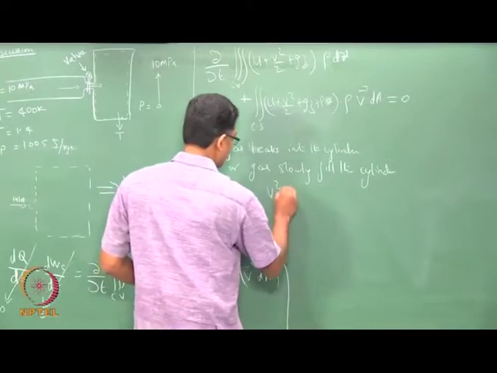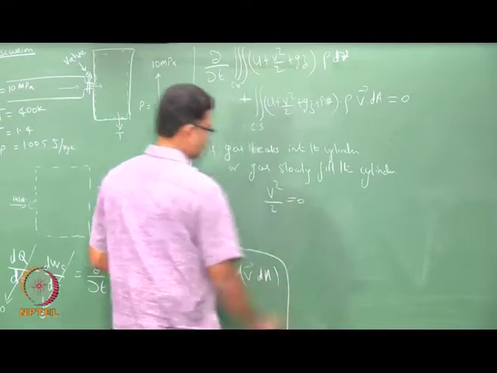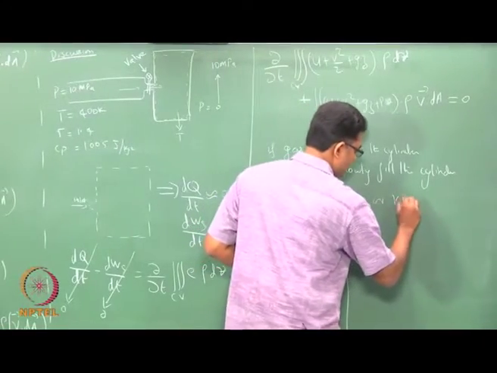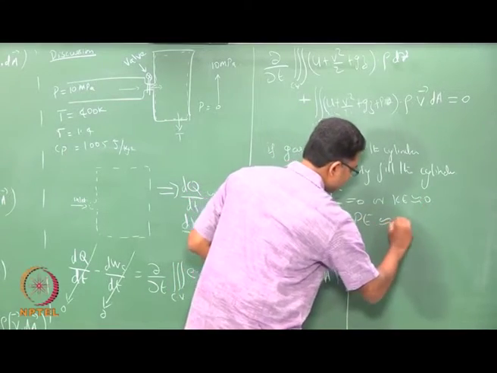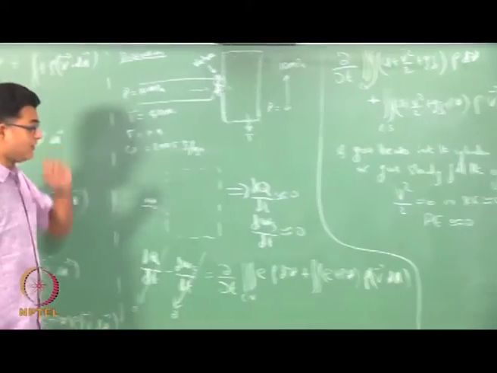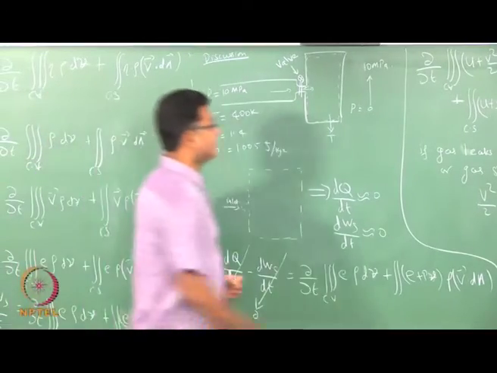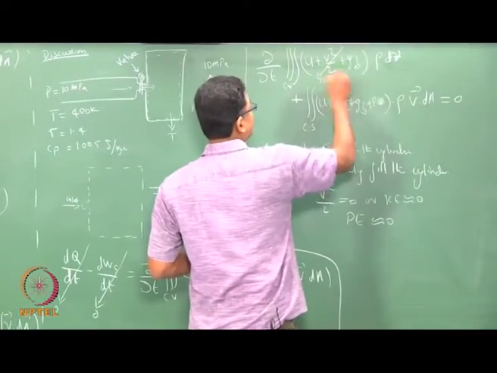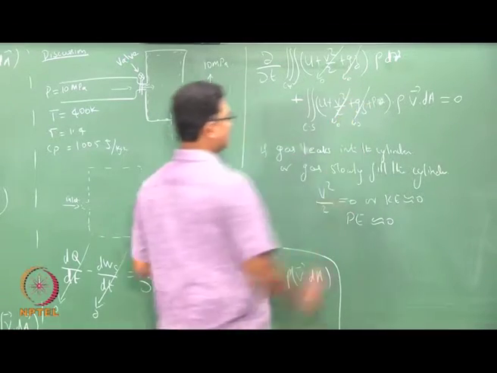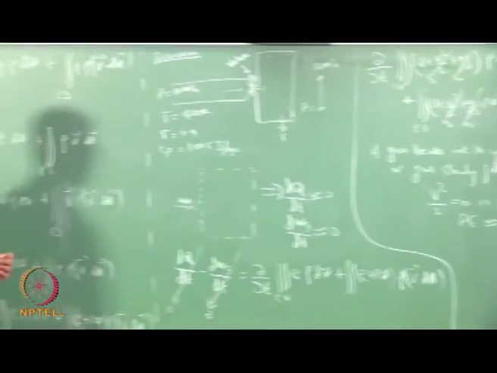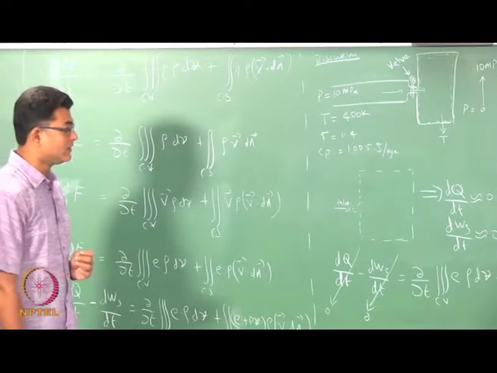So, you could assume your kinetic energy is 0, and you can also assume your potential energy to be 0, which essentially means these terms are 0.